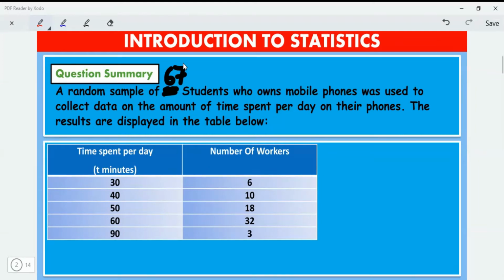Now we all know this is capped, because students spend more time on their phone, right? Here are the number of students. So 6 students spend 30 minutes, 10 students spend 40 minutes, 18 spend 50, 32 spend 60, and 3 spend 90. That's very good. Not a lot of students spending too much time on their phone. But we know all of this is capped.